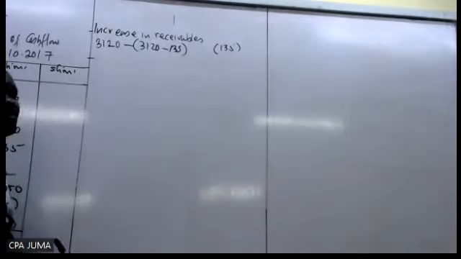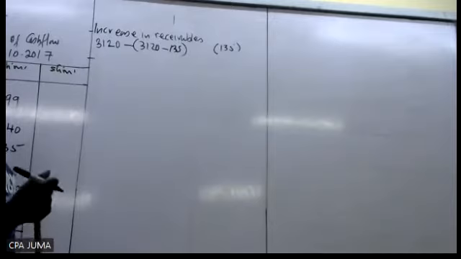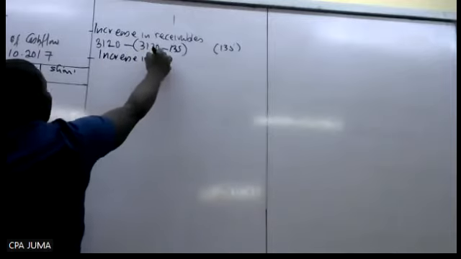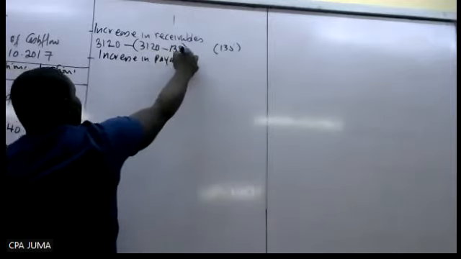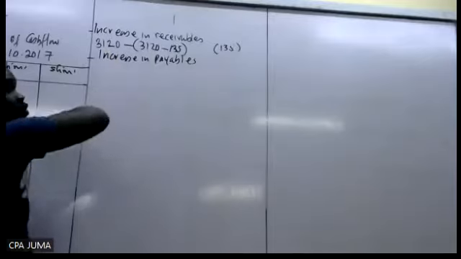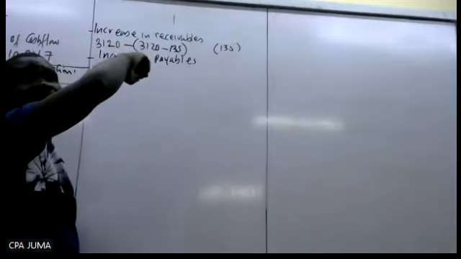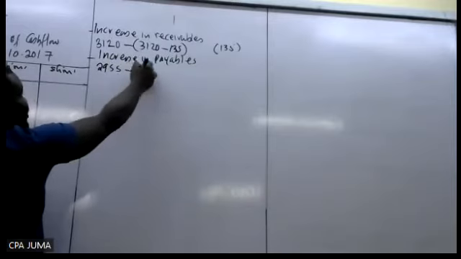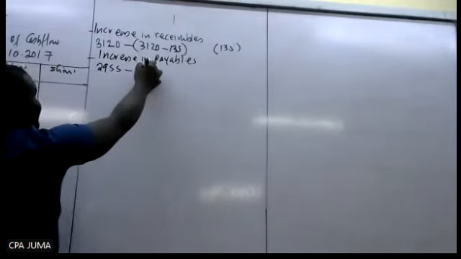Payables, there was no problem. Payables, did you get an increase or decrease? Increase. Increase of how much? 1710. So increase in payables. It increased to how much? 55. Initially 85.